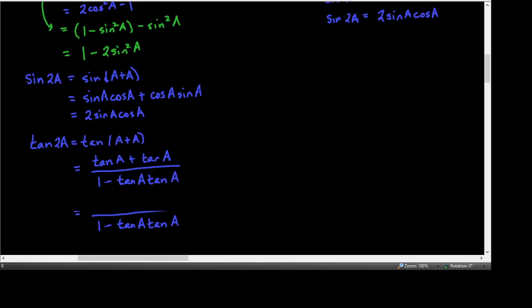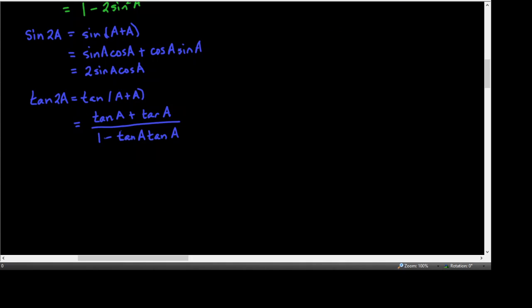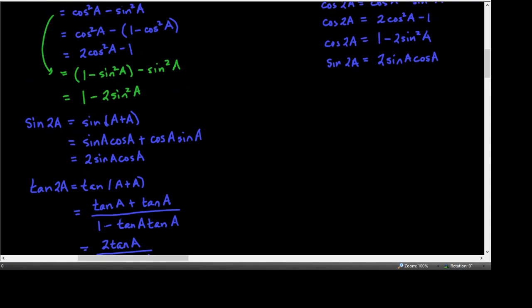And simplifying, we get 2 tangent A in the numerator divided by 1 minus tangent squared A. So that is our next double angle identity. So I'll write it over here in the list.